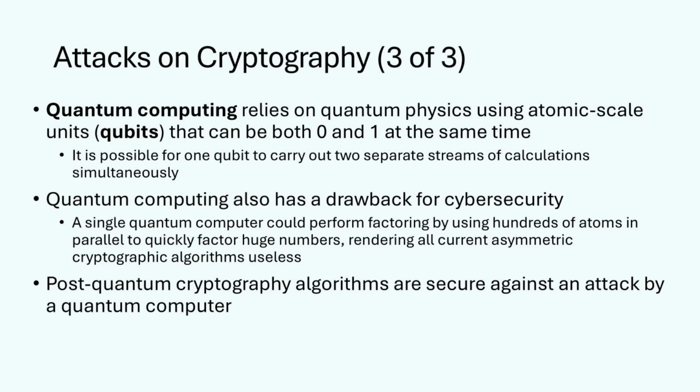However, this also creates a problem for cybersecurity. Quantum computers could easily break encryption methods we rely on today, like asymmetric cryptography, by quickly factoring large numbers. For example, they could easily crack the codes that protect online banking.